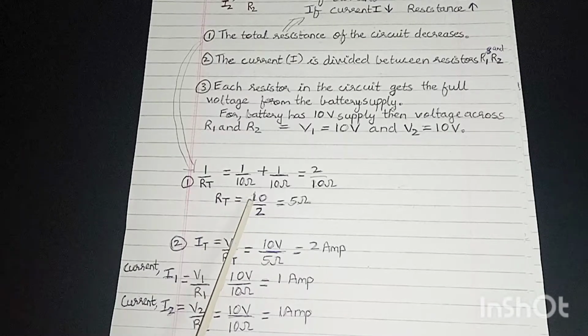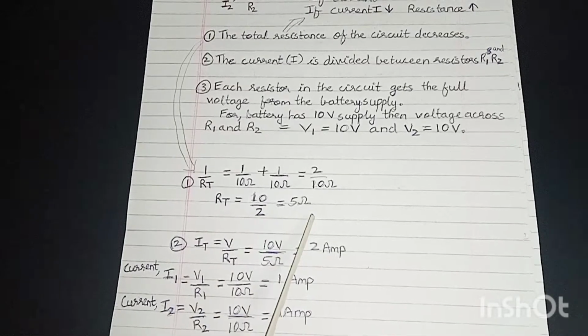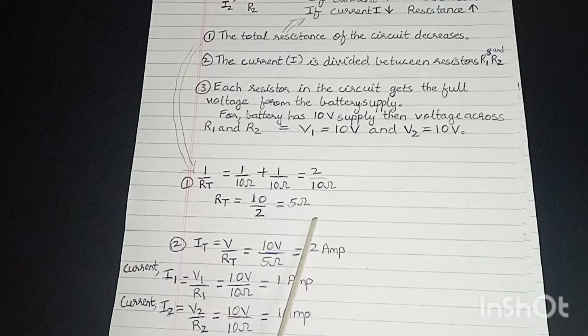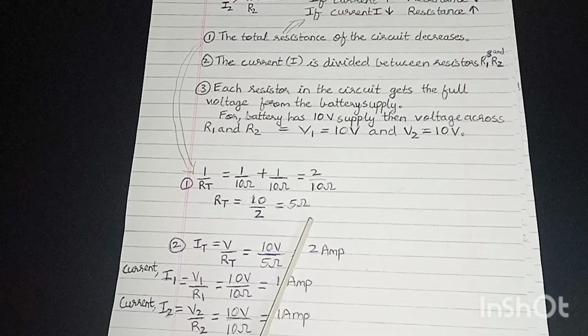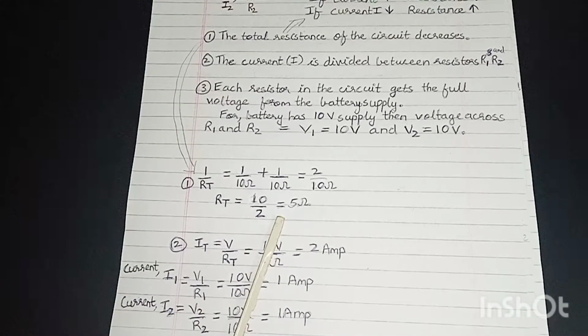That is why 10 by 2, you can divide and see, RT is equal to 5 ohm. So R total is 5 ohm. So R total has reduced. Okay, we have proved that.